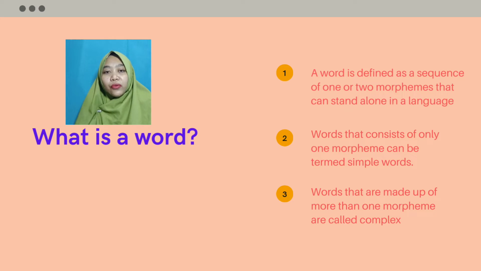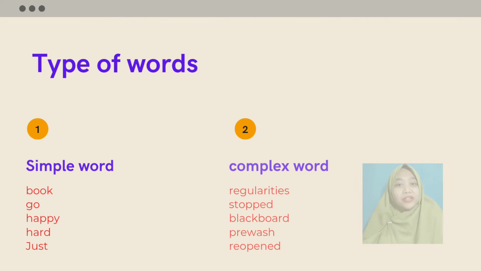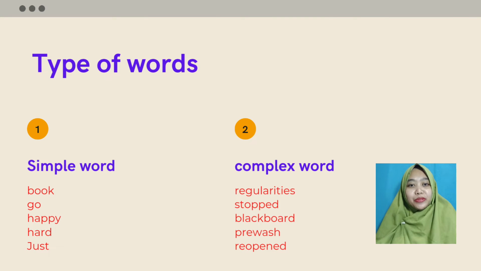When a word consists of only one morpheme, it is a simple word. And if a word consists of more than one morpheme, it is called a complex word. Here are some examples of simple words and complex words, as you can see in my slide.